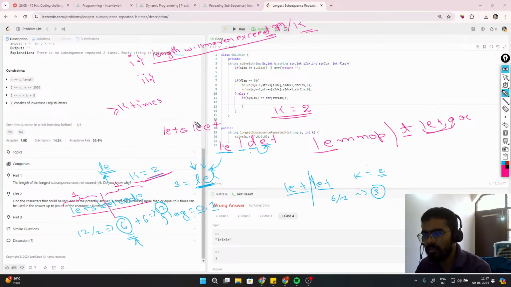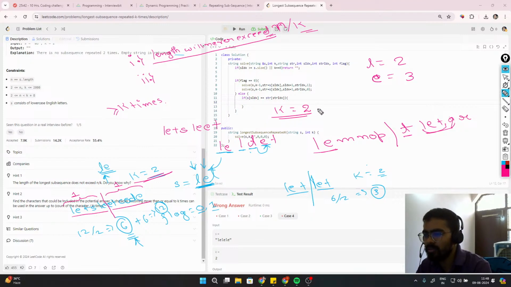So you can see L is repeated here 2 times. So I need k to, so L can be in our potential answer. Now E is repeated 3 times. E can also be in our potential answer.